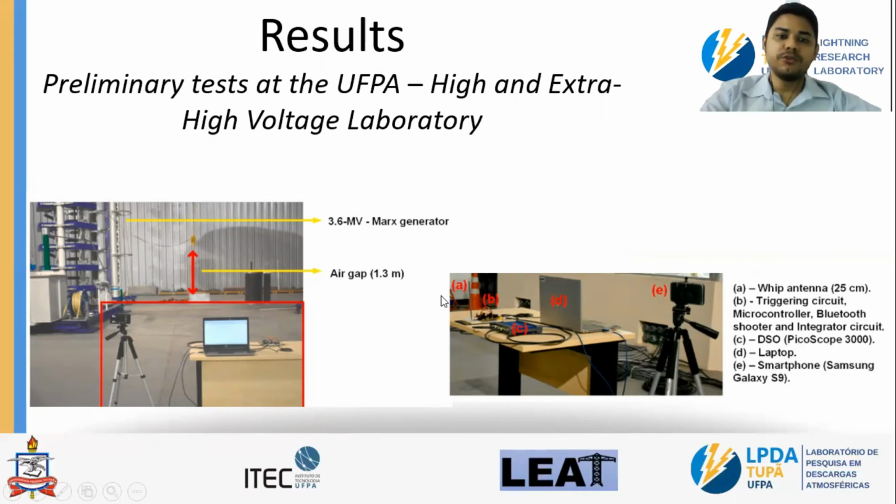In order to produce the long spark, we used a Marx generator, and the long spark was 1.3 meters long. All the instrumentation was about 17 meters from the long spark.